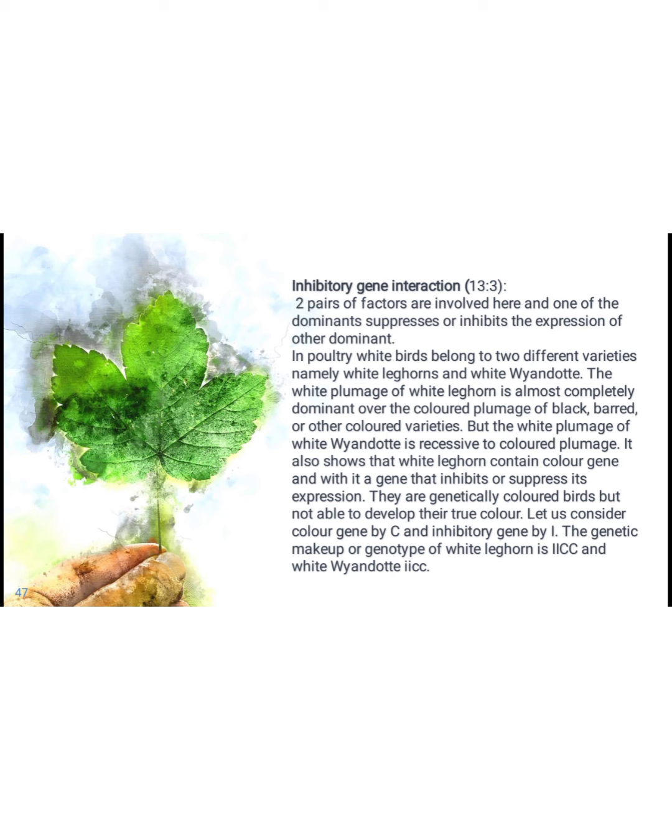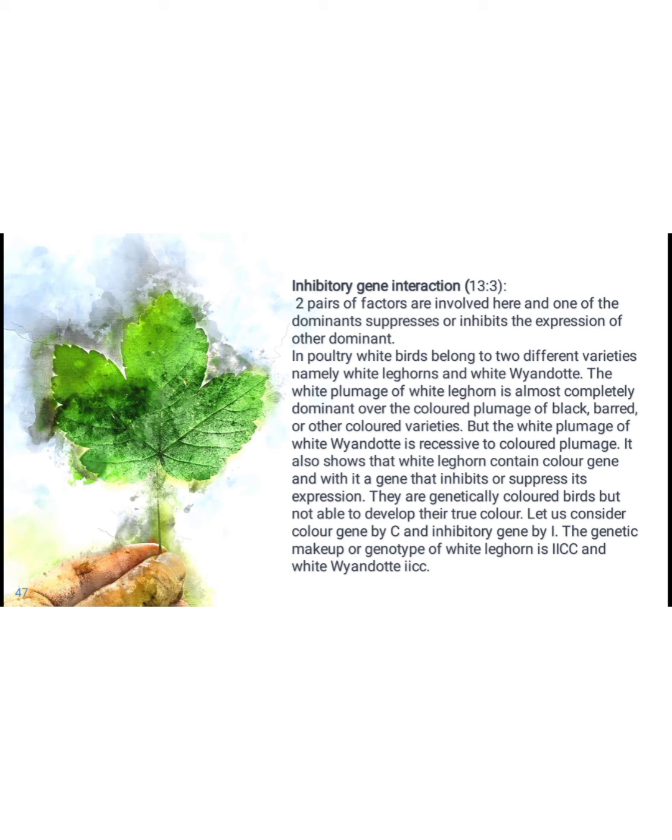In one organism two dominant genes are present. Out of that, one expresses its character, and the other dominant gene inhibits the other one's character. When I explain the example, you will understand what the two pairs of factors involved here are, and how one dominant gene suppresses the expression of the other gene.